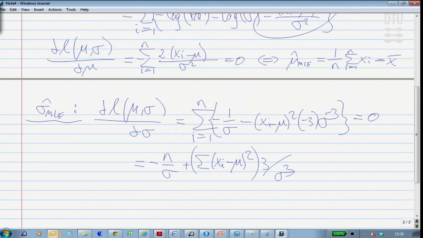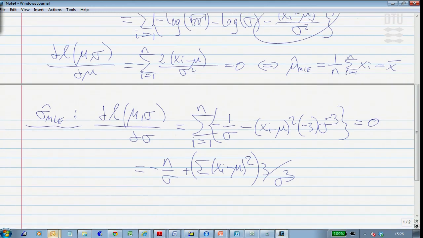Let me see, I think I made a mistake here actually. When I took the derivative of sigma to the minus 2, I should not have said minus 3, I should have said minus 2, of course. So I used the rule for the derivative a bit wrong, so I have a 2 here, sorry about that, rather than a 3.